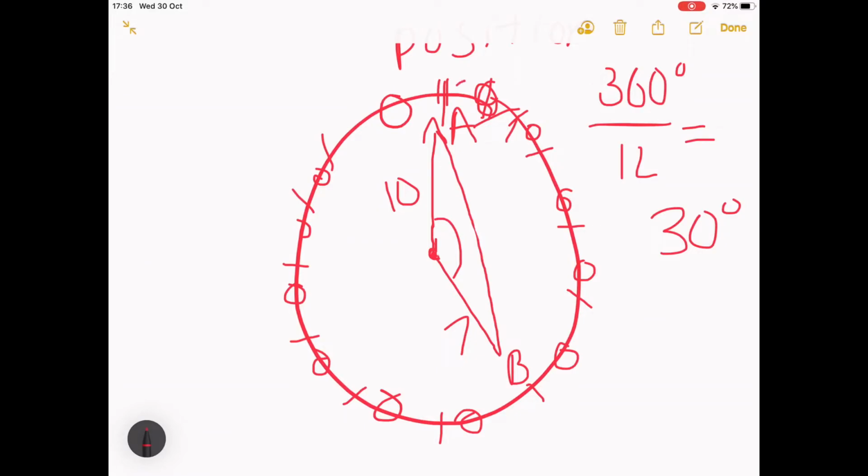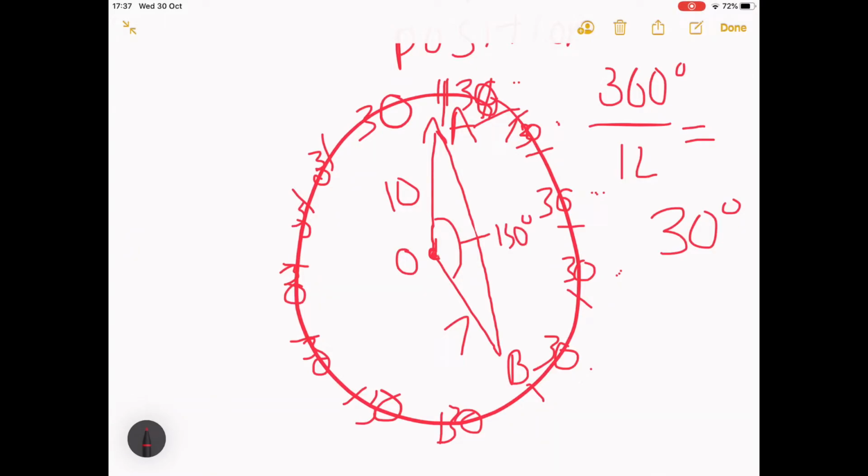So we can write 30 here. So this will help us find out the angle of AOB. 30 plus 30, which is 60. 60 plus 30 is 90. 90 plus 30 is 120, and 120 plus 30 is 150. So now we know that this angle is 150 degrees.